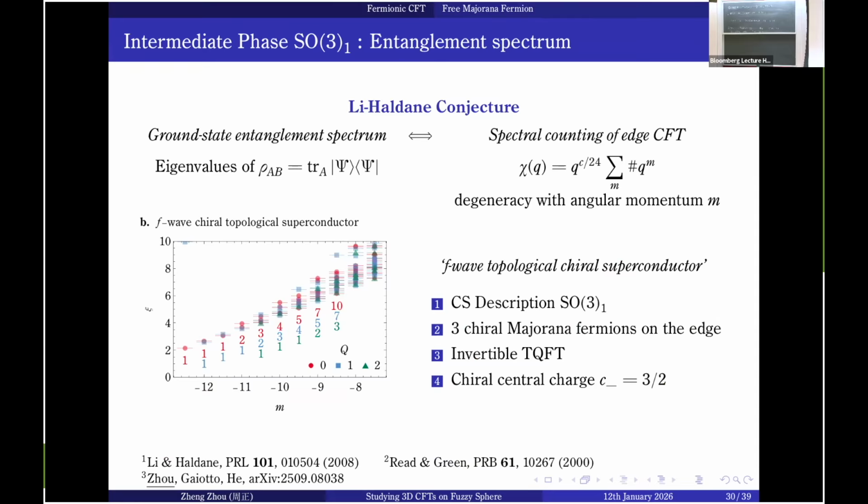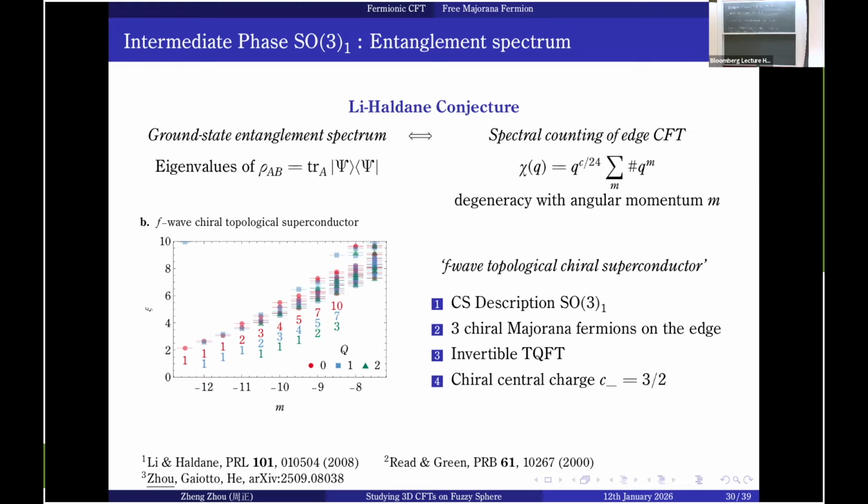So how do we determine the nature of the intermediate phase? We determine it by calculating the entanglement spectrum. There is the Li-Haldane conjecture that says that the ground state entanglement spectrum of the TQFT corresponds to the spectral counting of the chiral CFT on the edge.